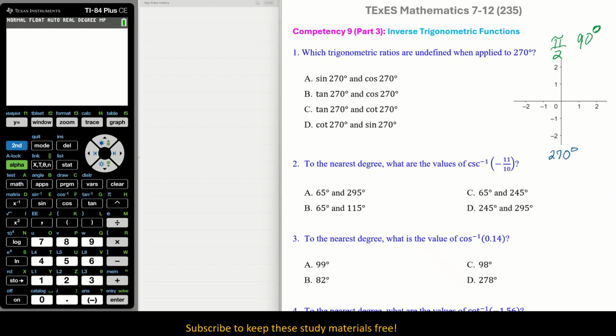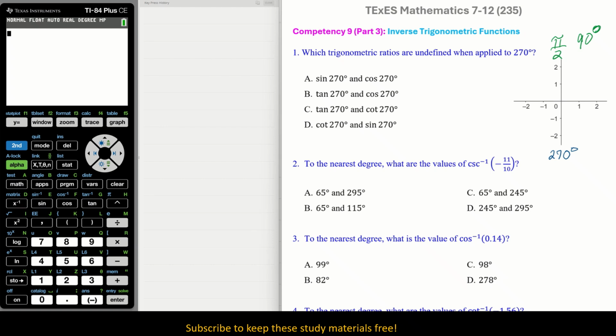So sine and cosine are valid. Any of those values like 1 over cosine, secant, cosecant are fine, but that leaves tangent and cotangent.